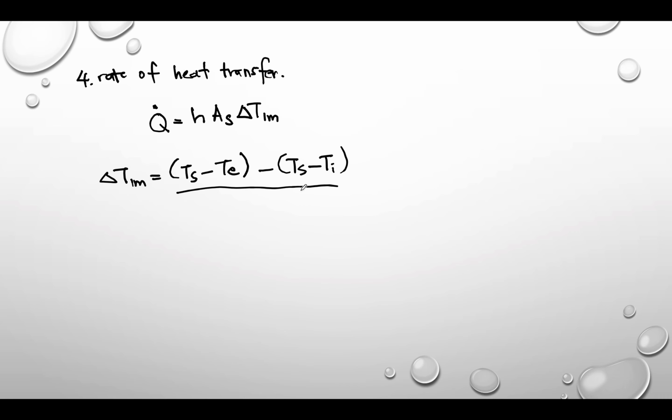divided by ln of Ts minus Te divided by Ts minus Ti. Okay, you have to substitute the values of Ts, Te and Ti in your equation to calculate delta T log mean.